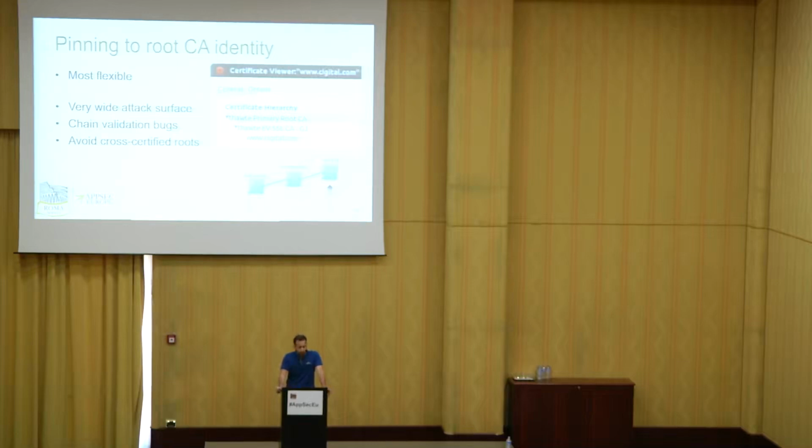The problem is that you start going backwards, and while your original goal was to trust only your server, now you trust only a certificate authority. That is a good balance for most, actually. There are some implications about some tricky parts about cross-certified roots, and you have to make sure that the CA that you pin to is present on all your clients, which may not be the case.